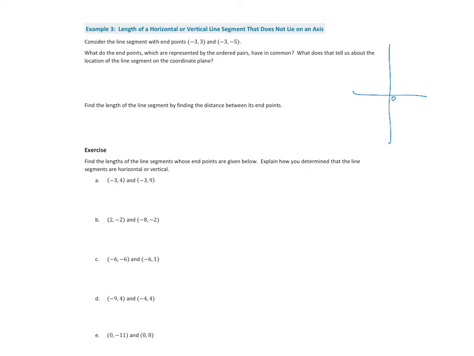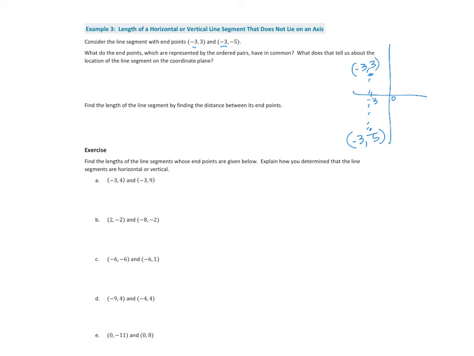So here's my 0. I'm going to go over -3, and then I'm going to go up 3. So then I'm going to go (-3, 3). Then I'm also going to go (-3, -5). What do the endpoints, which are represented by the ordered pairs, have in common? Well, they're in line with each other.